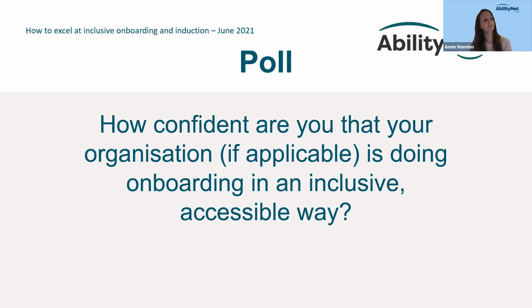Are you not very confident? We still have a lot to learn and implement. Not at all confident, my organisation needs to make major improvements. Or not applicable, I don't belong to an organisation. So again, just depending on how you've joined the webinar, you may find you can't see the poll, but you can respond in the Q&A panel if you wish. So I'm just going to leave it a few more moments for anyone else that would like to vote.